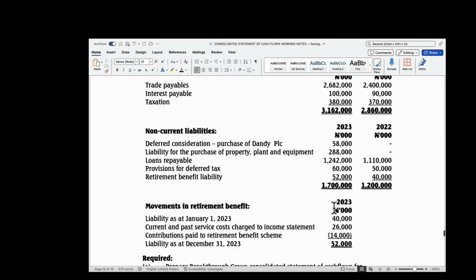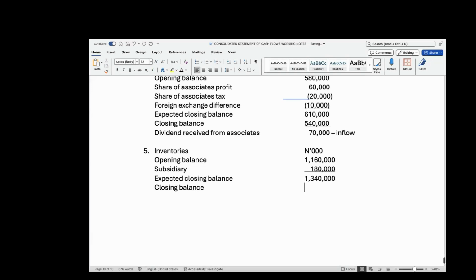Closing balance is 1,300. So what do we have? Decrease in inventory of 40,000. Inflow, outflow. Inflow. We have inflow.